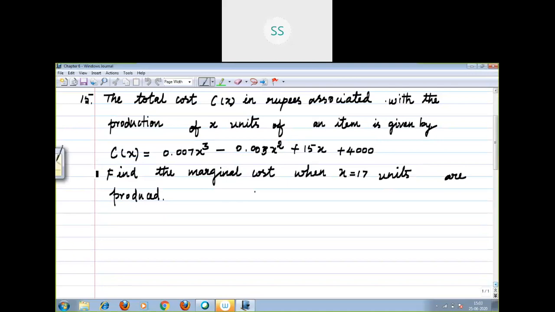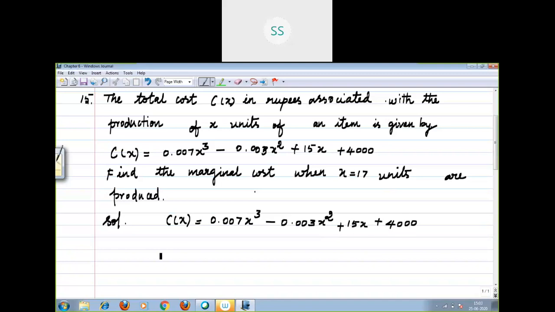Now solution. C of x, what is given in the question is 0.007 x cube minus 0.003 x square plus 15x plus 4000.